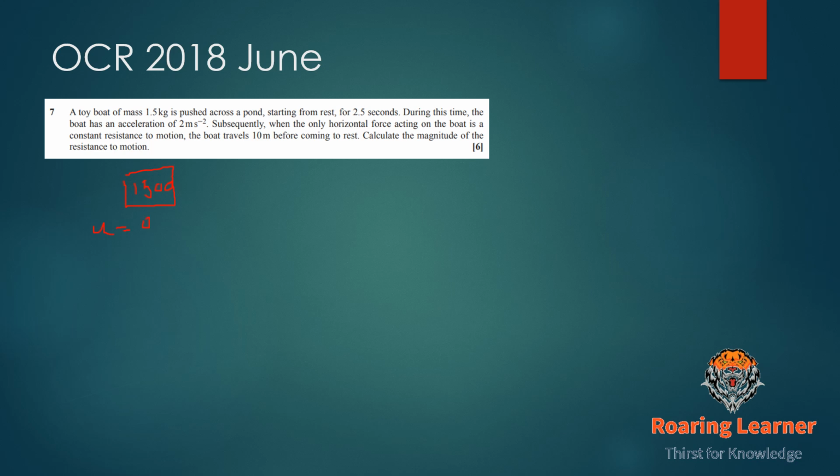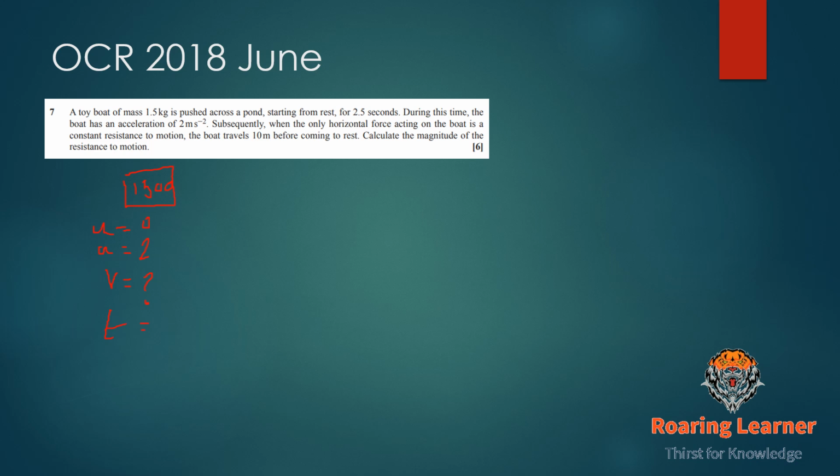It's being pushed across the pond with acceleration 2 meters per second squared, so a is 2. Its final velocity we don't really know, so the final velocity v we don't know. Is there any other variable? Yes, time. So time is 2.5.